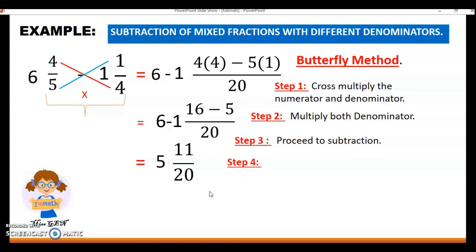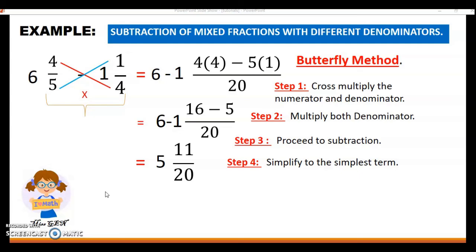And step 4, simplify your answer to the simplest term if necessary. So here, our answer is 5 and 11 over 20, and we know that 11 over 20 is already in the simplest term, because for our numerator here, the only factors are 1 and the number itself. So this is already in simplest form.